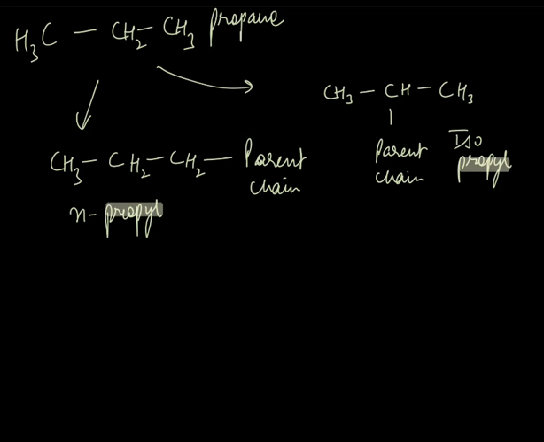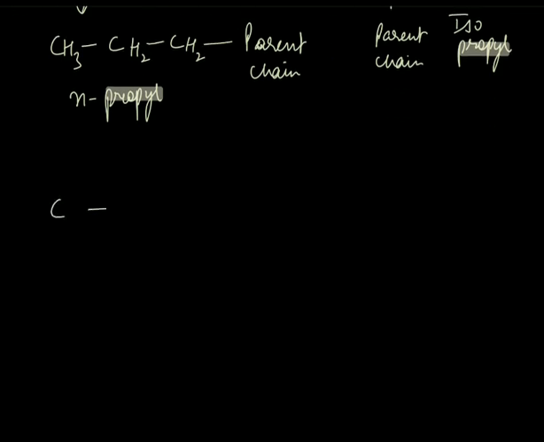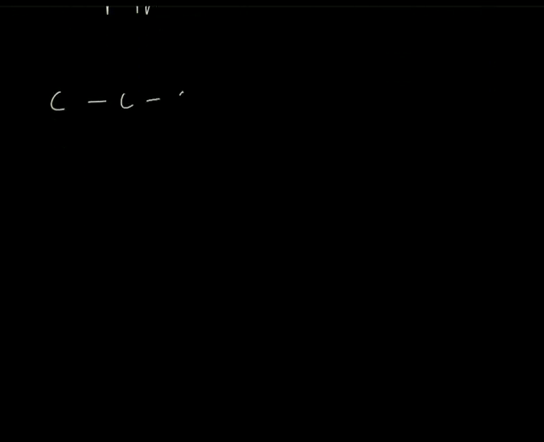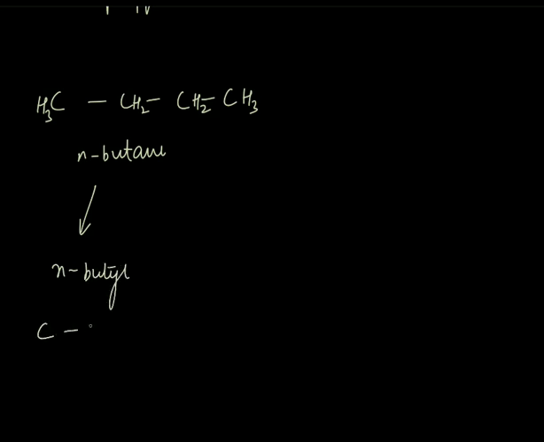Similarly, if we have butane, we can write N butane over here. So N butane can change into N butyl attached to the parent chain.